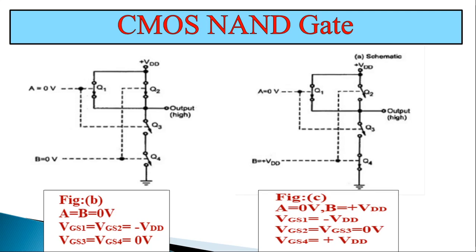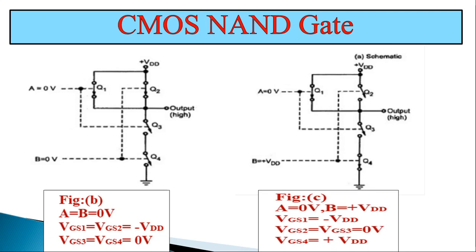Figure C shows the equivalent switching circuit when A equal to 0 volt and B is equal to plus VDD. In this case, Q1 is on because VGS1 is equal to minus VDD, and Q4 is on because VGS4 is equal to plus VDD.